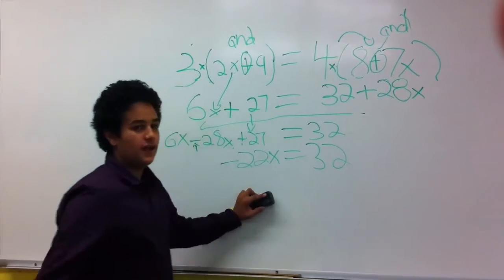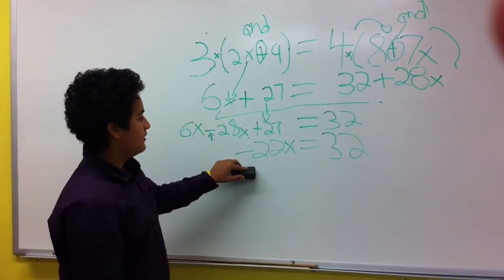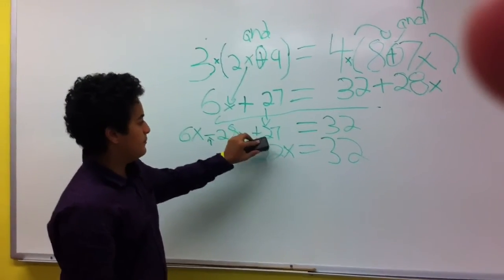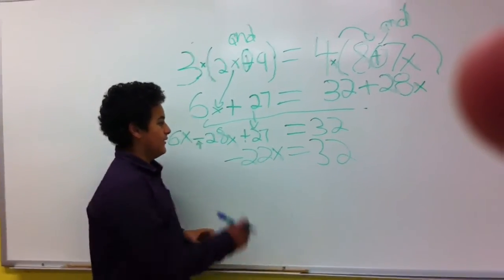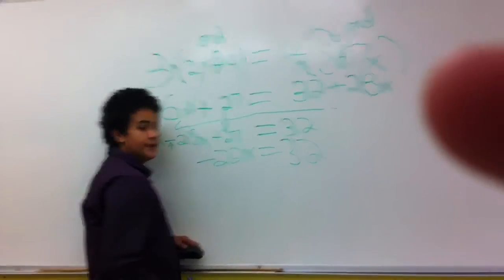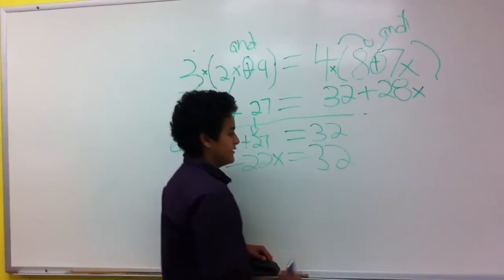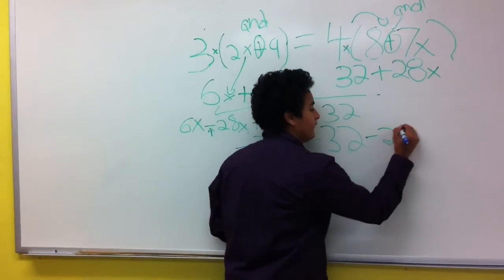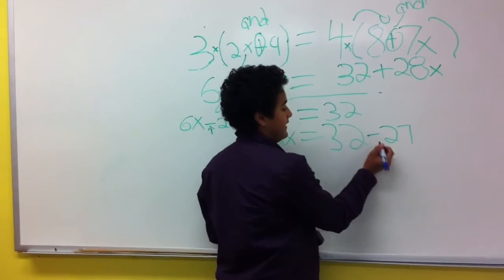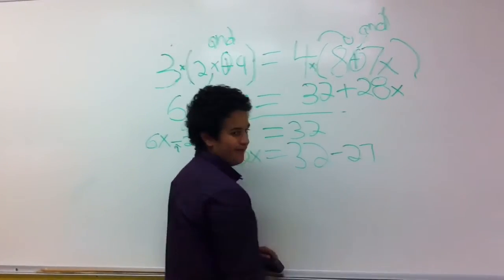So now we're moving on to the other side. And we're doing essentially what we did on this side, but bringing this 27 over to this side. Okay, so if this was a positive 27, it's switching sides. So now it's going to be 32 negative 27. So this comes into play again. So 32 minus 27.